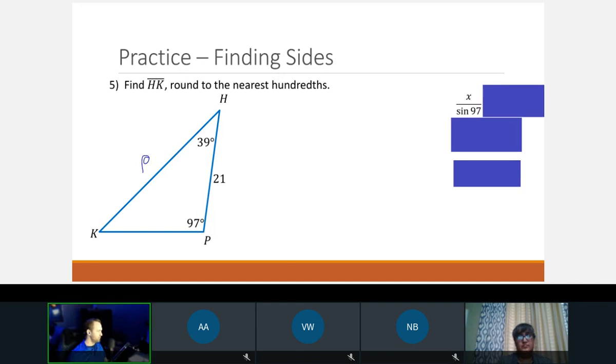And then which angle are we going to use? Angle K or angle H? But hang on a second. I think I mislabeled my diagram. Oh, no, I didn't. Let's backtrack here.